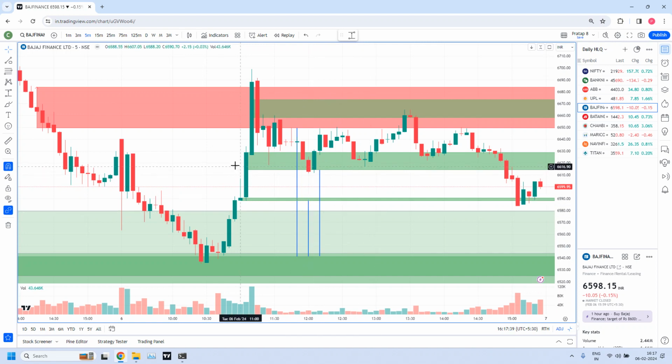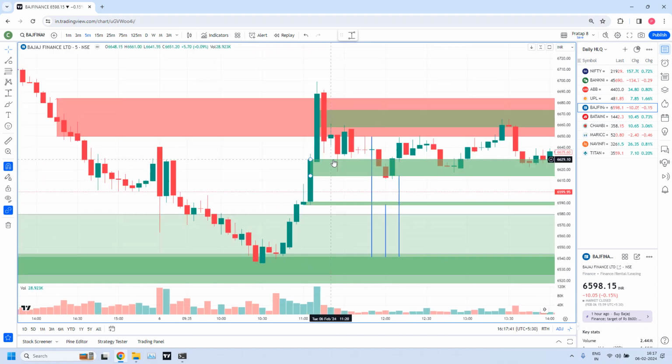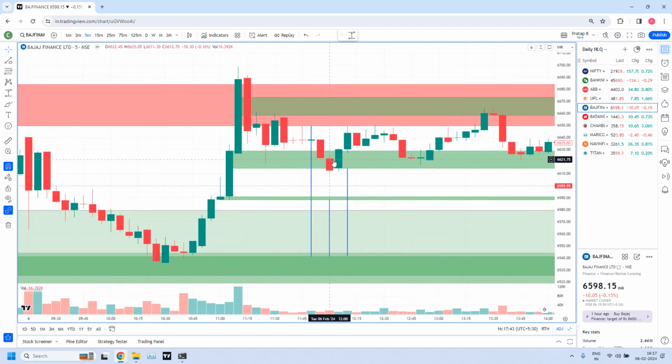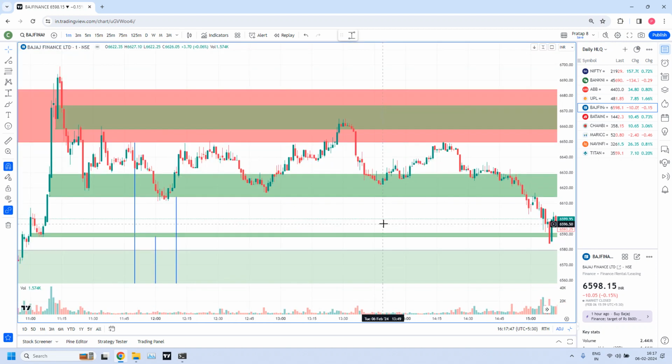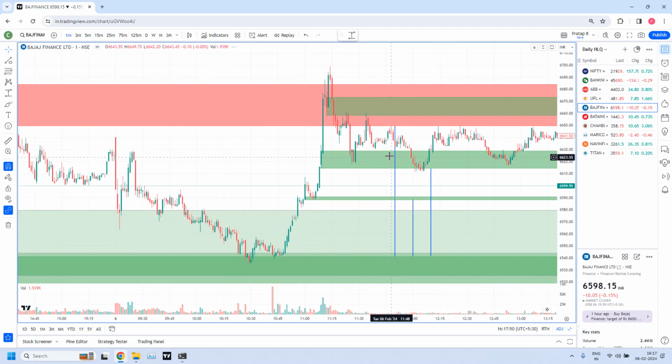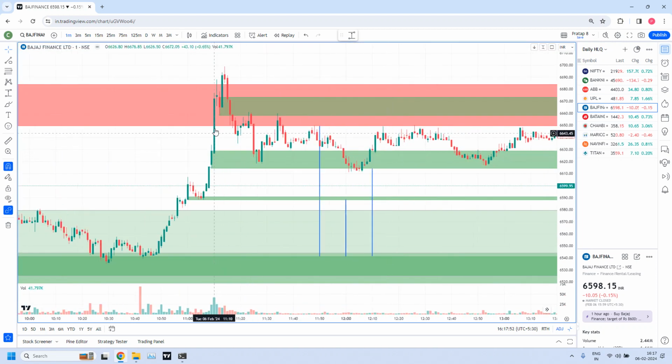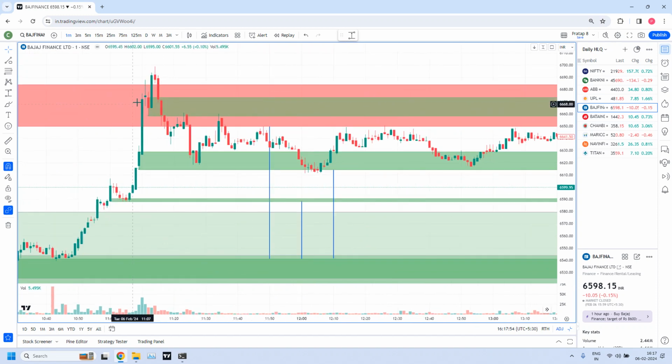So that's why I suggested to look for the 1-minute zone. But what happened? Prices moved further, and here again another 1-minute zone is created inside this.